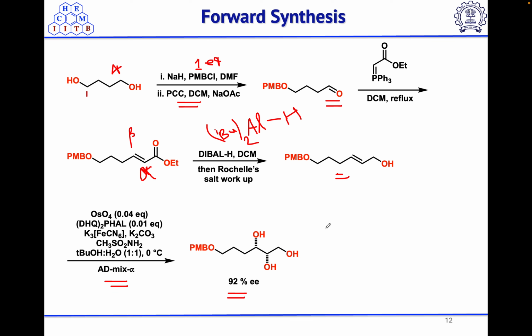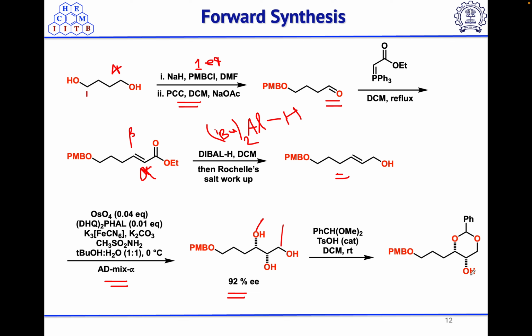Then we have to protect this 1,3 diol with phenyl orthoformate to get this 1,3 diol protected product, with this C2 alcohol free. Now we have to do some functional group interconversions on this C2 alcohol.